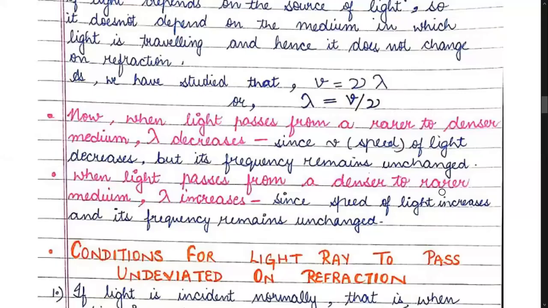Now students, when light passes from a rarer to denser medium, the wavelength decreases.